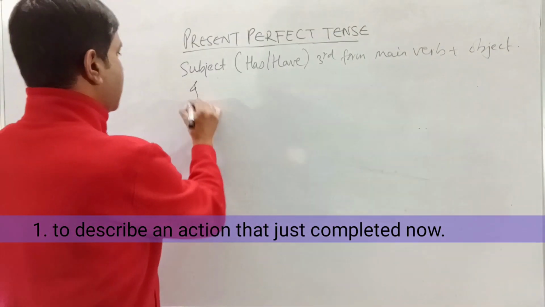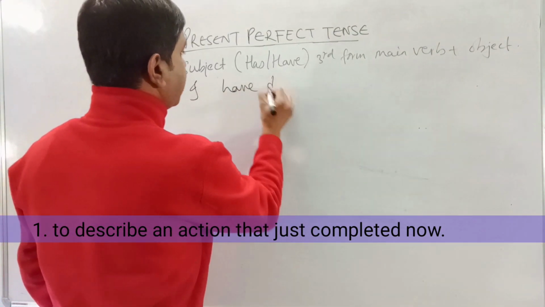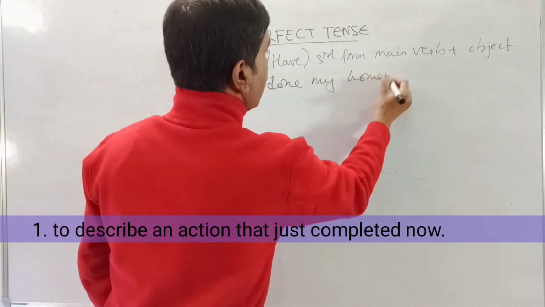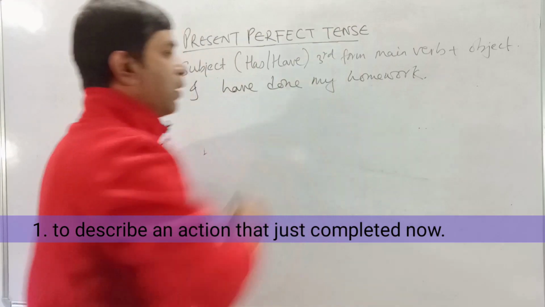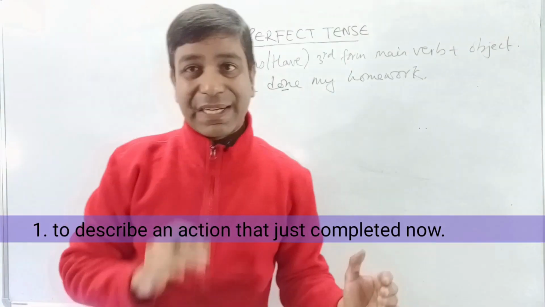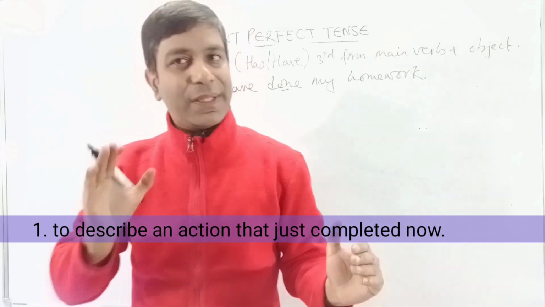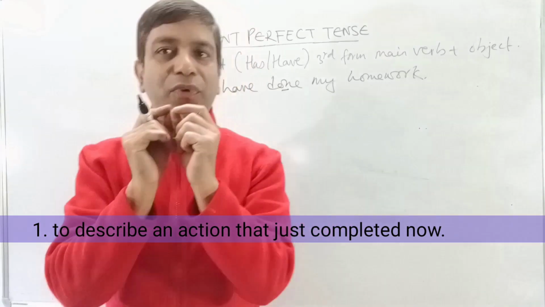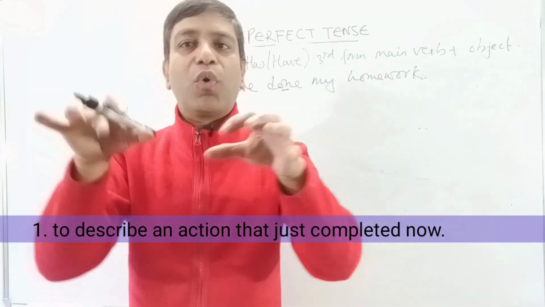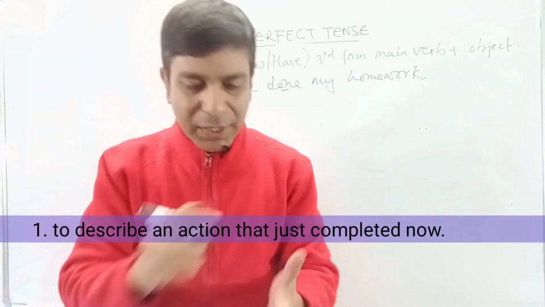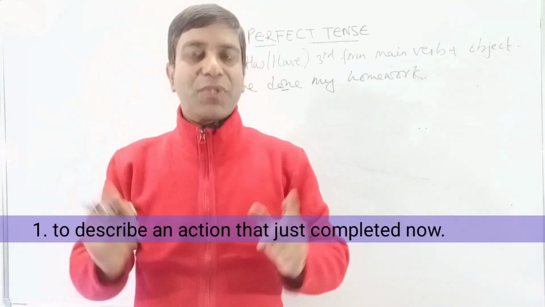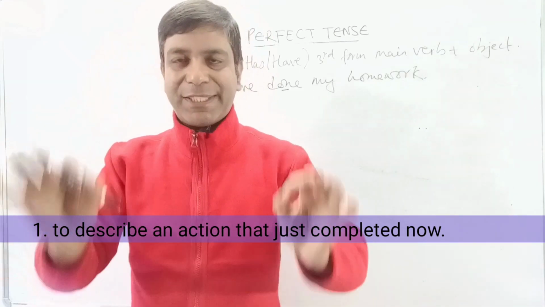For example, I have done my homework. What does it mean? You started doing your homework in the past, and just before you declared that you have completed your homework, it actually got over. You finished your homework, and then you said, I have completed my homework.